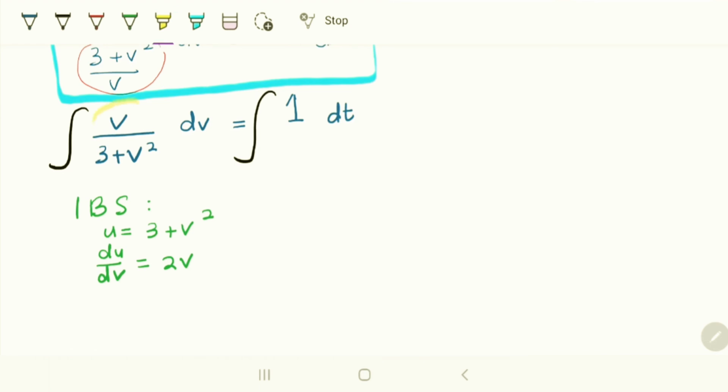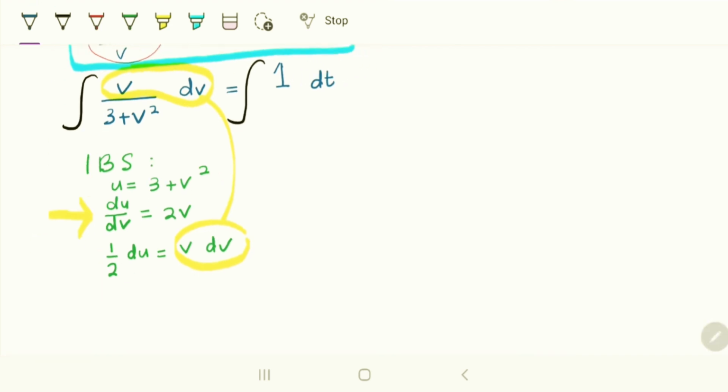Over here we have v dv. Is it possible to get v dv from here? From the calculation, you can see that if I bring 2 to the other side, it becomes 1 over 2 multiplied with du, then we have v dv. So this is what we want. Hence, we can use integration by substitution.